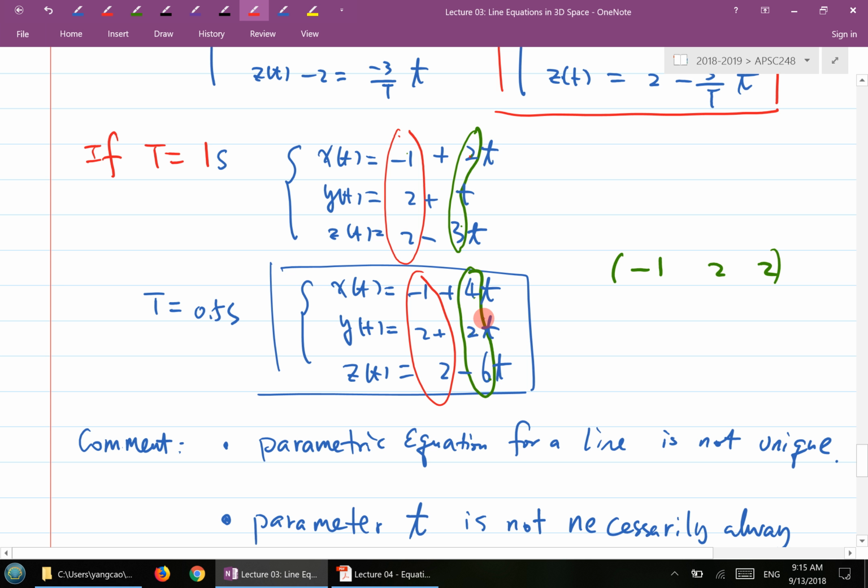Now, if you relate to physical phenomena like this one here, then this number actually means how fast a particle is traveling along that line.